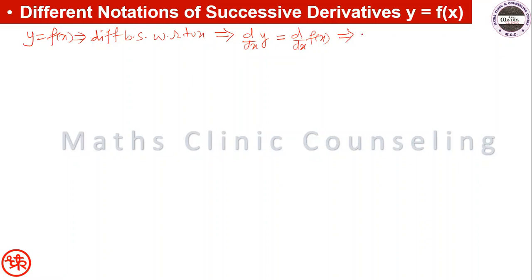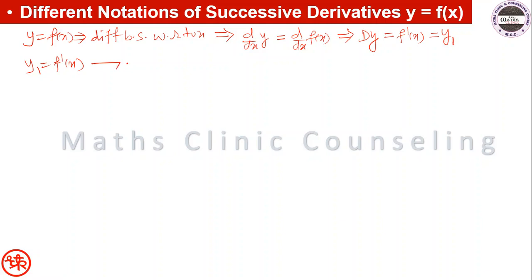This can be written as dy is equal to f dash of x, and that is equal to y1. Is that clear? So you understand here? So that is y is equal to f of x. Now y1 is equal to f dash of x.